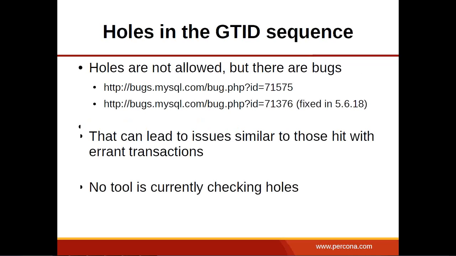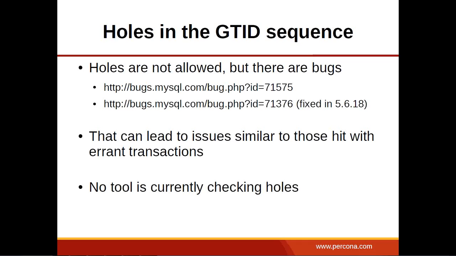And when you have a hole in a GTID sequence, it can lead to issues very similar to those you can have with errant transactions. Basically, it can lead to replication errors, so you break replication. I don't know of any tool that currently checks for holes in the GTID sequence, so that may be something you want to script yourself.